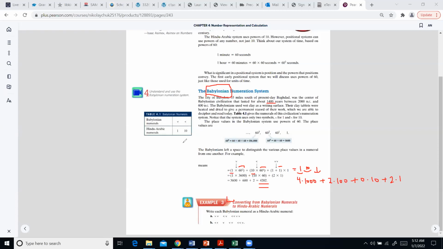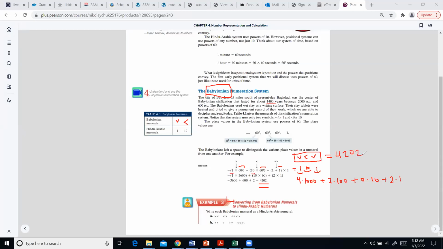So instead of 1, they used a check mark, and instead of 10, they used this type of symbol. And this number is actually the same as 4,202.